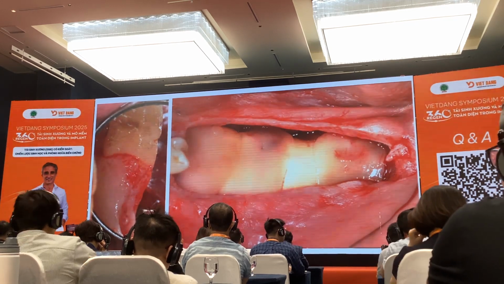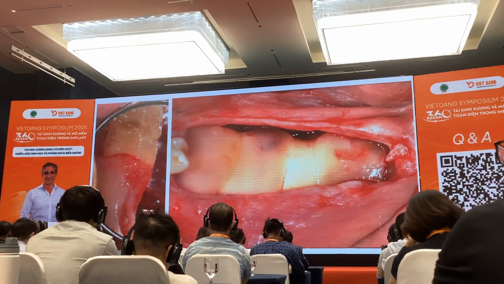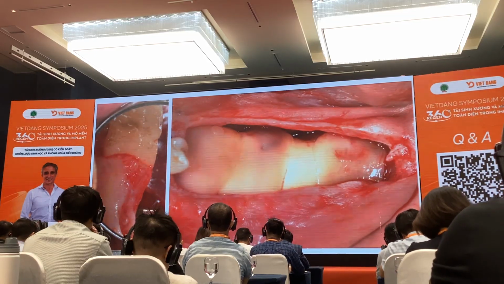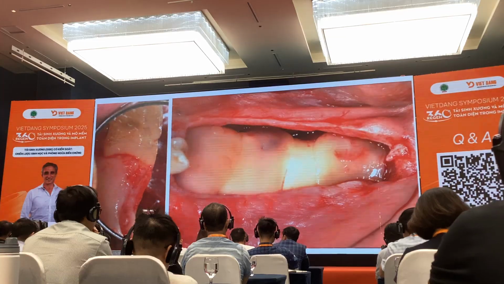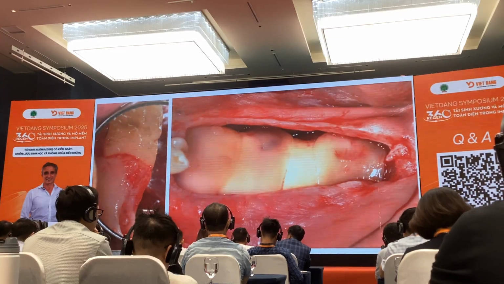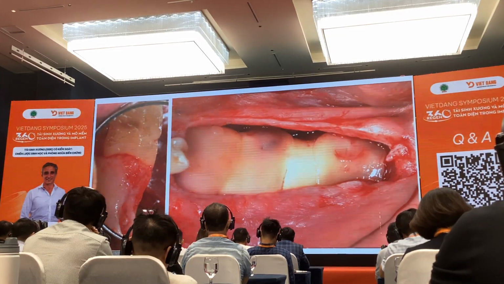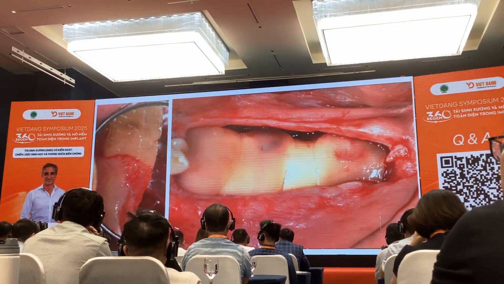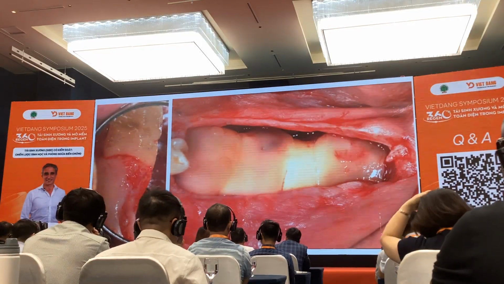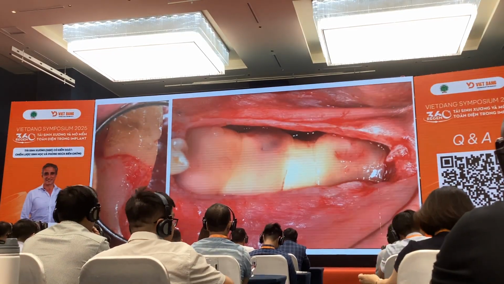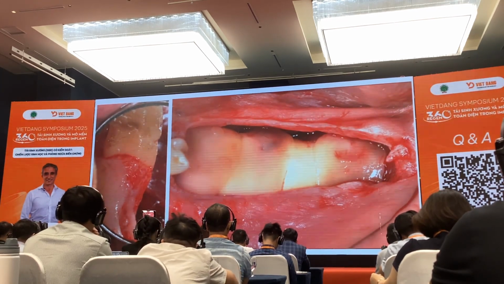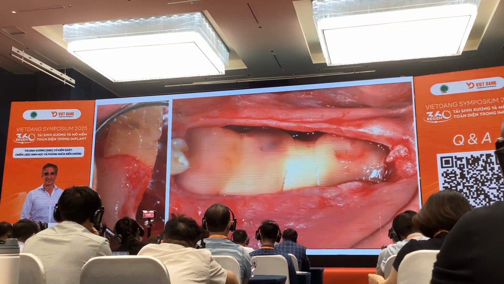But we know that in order to restore the connective tissue attachment, we need at least 1 week. And during this long time, the risk of the infection is very high. This is the importance of a strategical concept that relates the biological seal and mechanical seal.